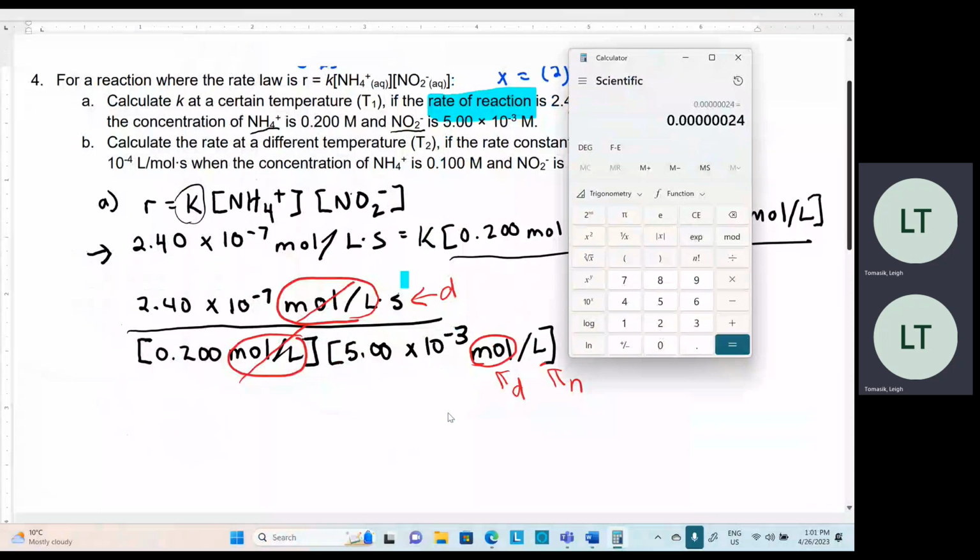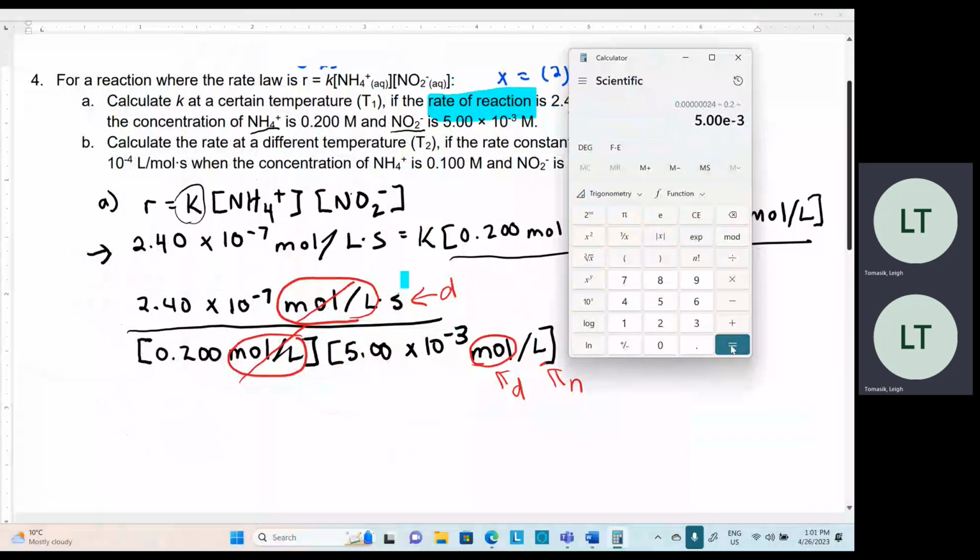Okay. So that divided by 0.200. And then another divided by, and this one is 5 times 10 to the negative 3. So 5.00. The EXP is times 10 to the negative 3. So 3, but make it negative. There we go.